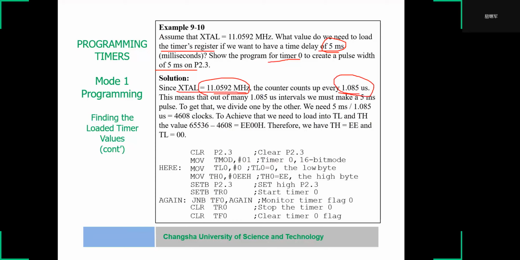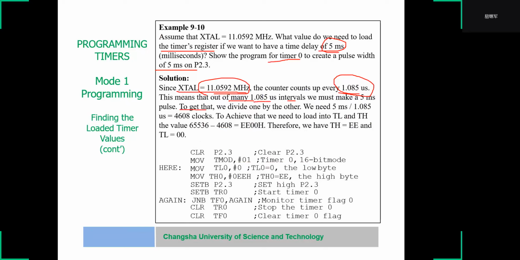Out of many machine cycle intervals, we must make a 5 ms pulse.